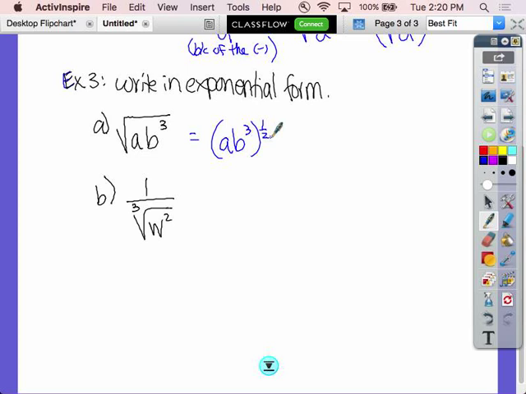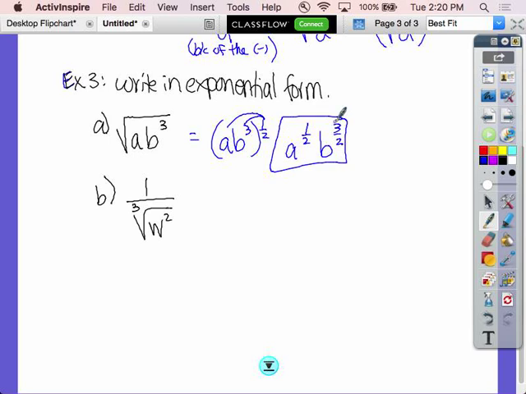The square root, okay? So that's going to be a to the 1/2, b to the 3/2, because you have 3 times 1/2. A to the 1/2, b to the 3/2. That's your answer.